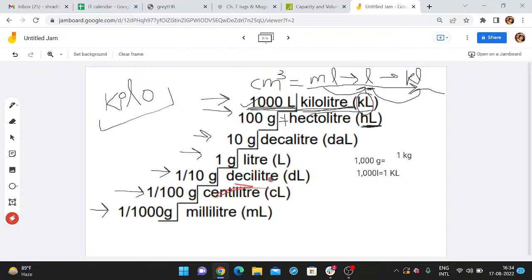So deciliter is 1/10 of a gram. That is 1/10 grams. Okay? It means if we make 1 gram 10 times smaller, that means it is going to be equal to a deciliter. So 1/10 of a gram is a deciliter.